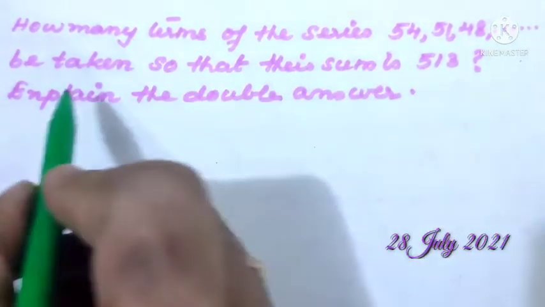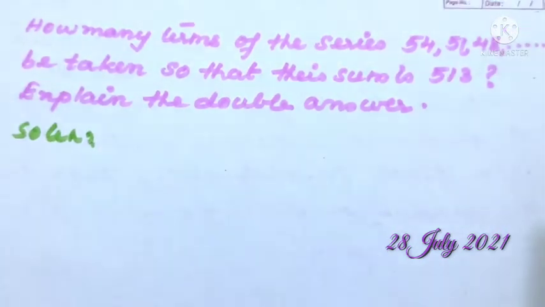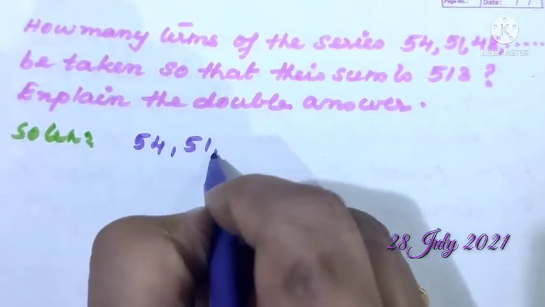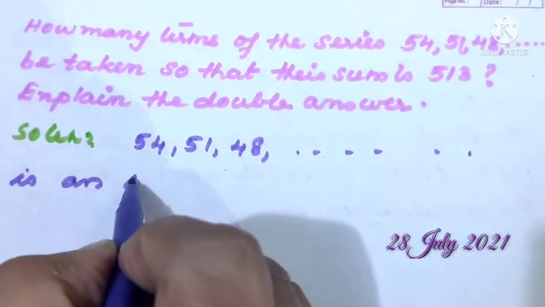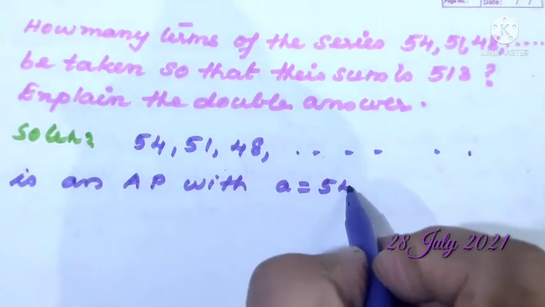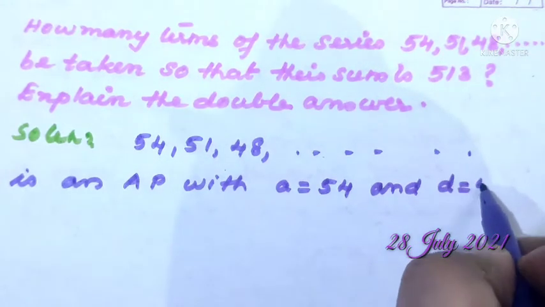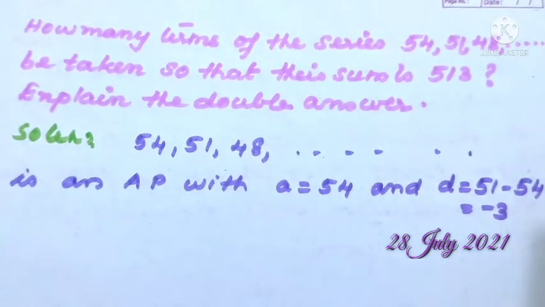So clearly we should see whether 54, 51, 48, etc. is an AP. It is an AP with a equal to 54 and d equal to minus 3. Right? Now we have got a and d.